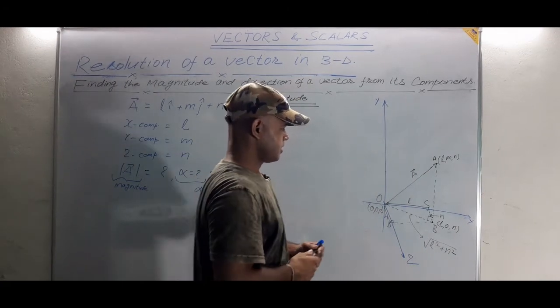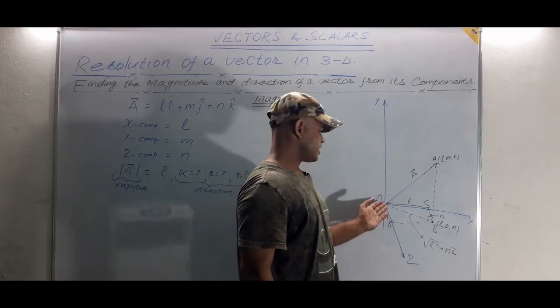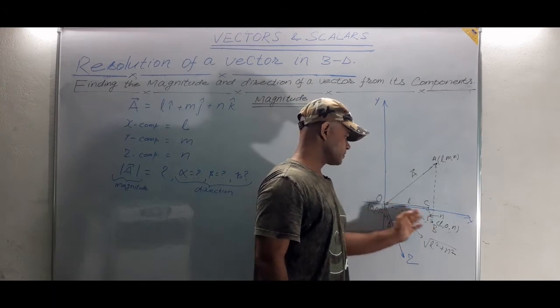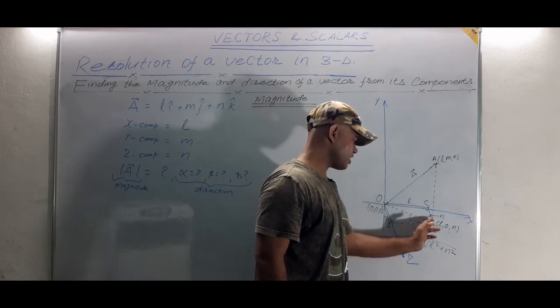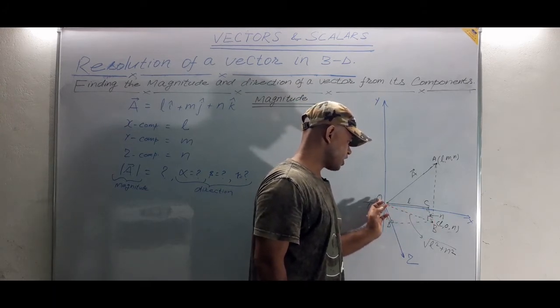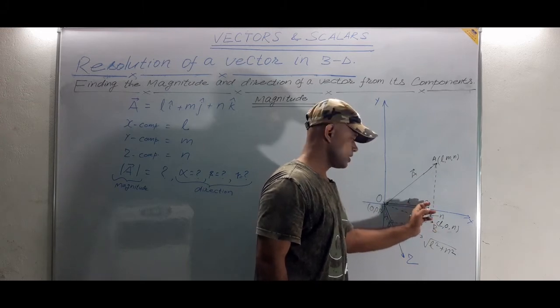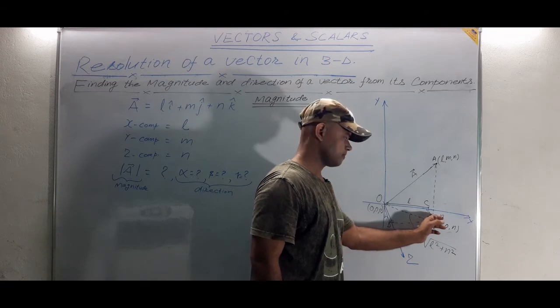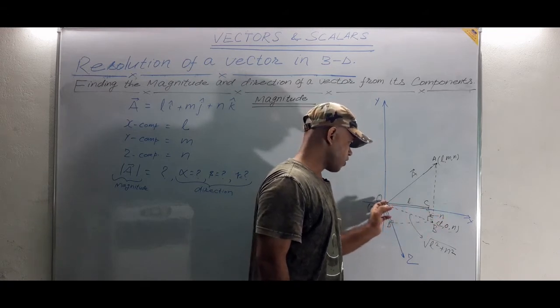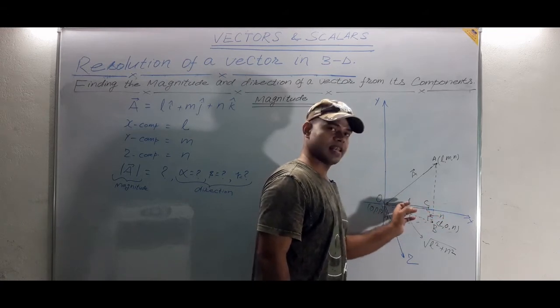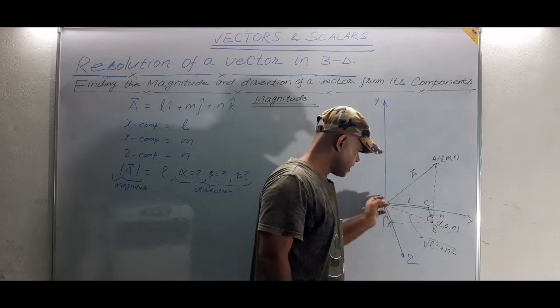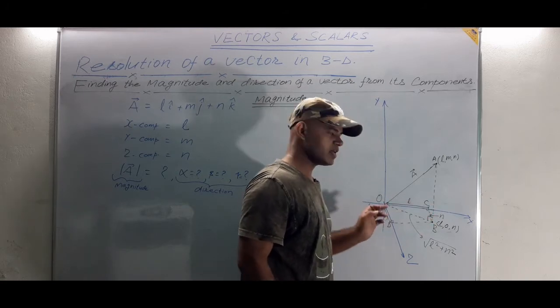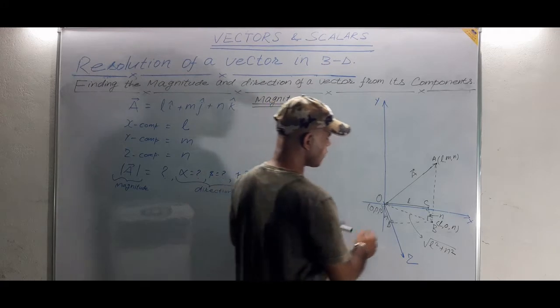Getting it? I have simply calculated the length OB, and OB is the hypotenuse of the right angle triangle OBC. We know the length of BC, that is equal to N, and we know the length of OC, that is equal to L. Getting it? So now we know this one.